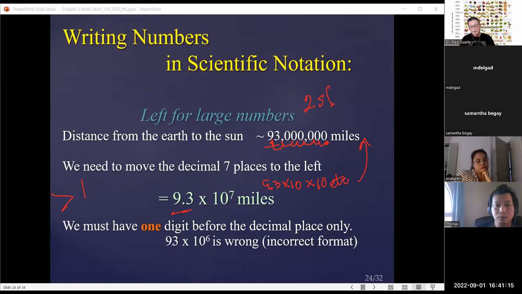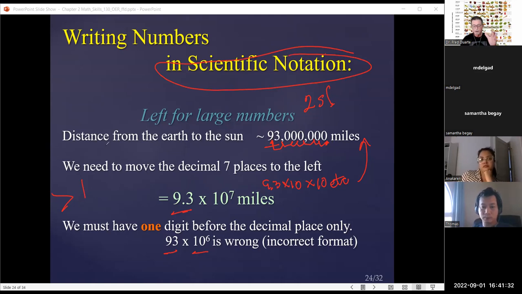You might be tempted to write it as 93 times 10 to the 6th. Yes, that is the same number, 93 million, but it is not in the correct scientific notation format. The format is integer, a decimal point, and then whatever numbers you need.